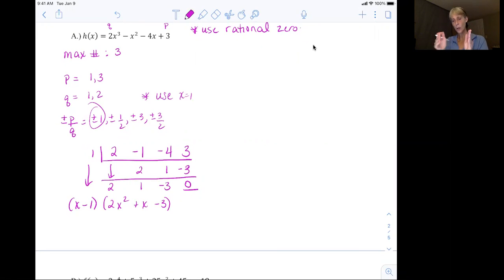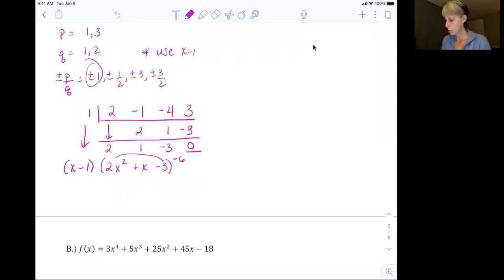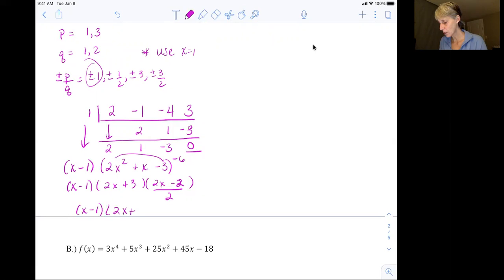So we're going to look at our trinomial and see if we can use our little cheating method, right? Tricky trinomial. Two numbers multiplied to -6 and combined to give me +1. Yes, this should work out. 2x, 2x. So I have +3 and -2. I put in a factor of 2, so I have to divide out a factor of 2. x minus 1, 2x plus 3, and x minus 1.